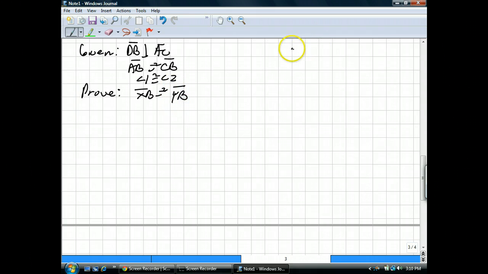And here's the picture. Okay, so this is A, B, C. This is X, this is Y, and this is D up at the top, and this is angle 1, and this is angle 2. Okay.